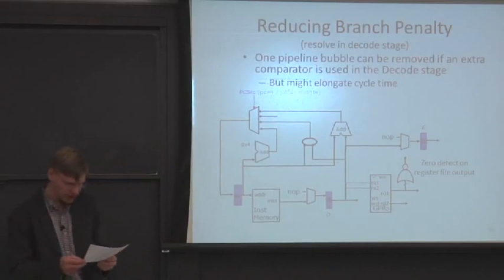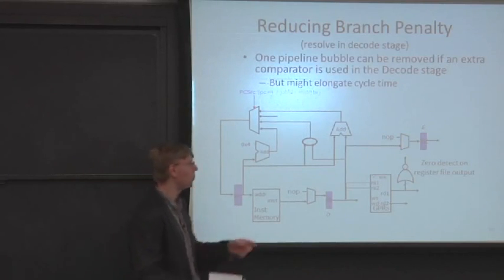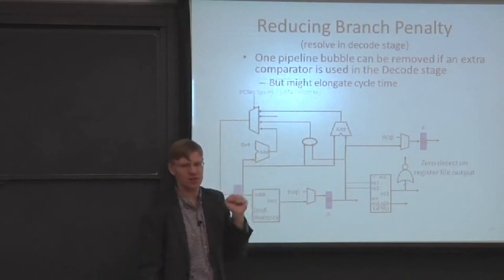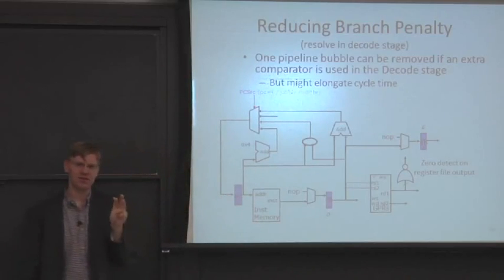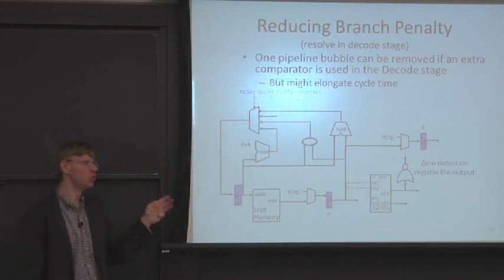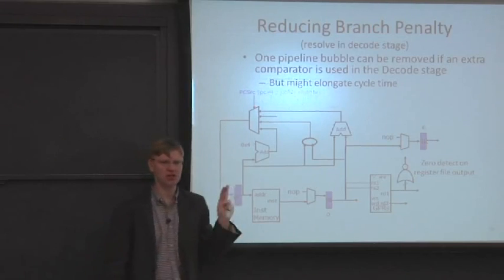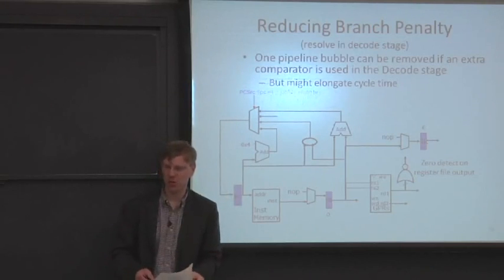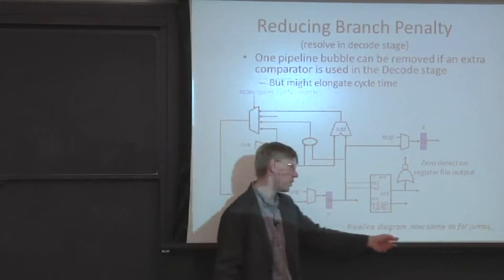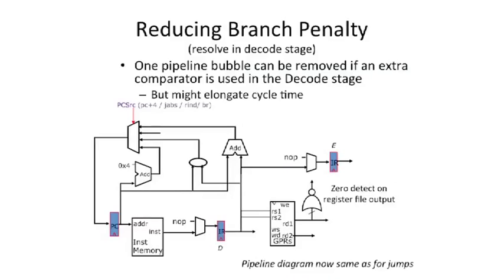So the nice thing about this is that it'll take all your branches from a CPI of 3 when they mispredict, or when you misspeculate, to 2 cycles with the same timeline that you had with a jump. So you end up with the exact same pipeline that we had for jumps now.